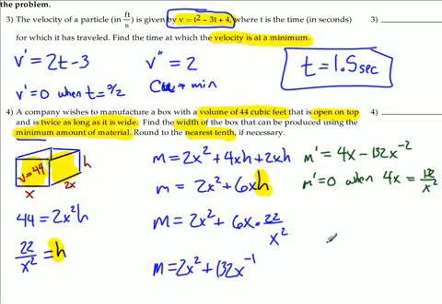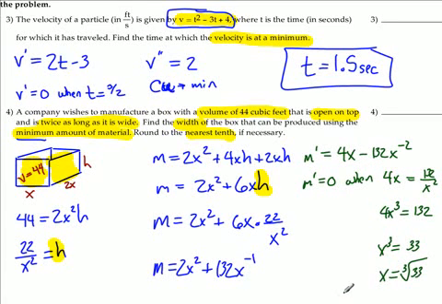Agreed? So when these are equal, they're going to subtract and make 0. Right? If I solve for that by multiplying both sides by x squared, I get 4x cubed equals 132. x cubed is equal to 33, and x will equal the cube root of 33.